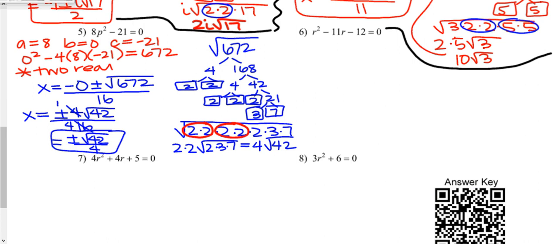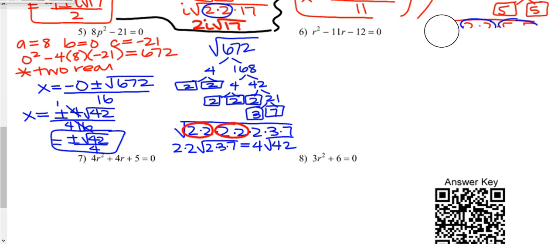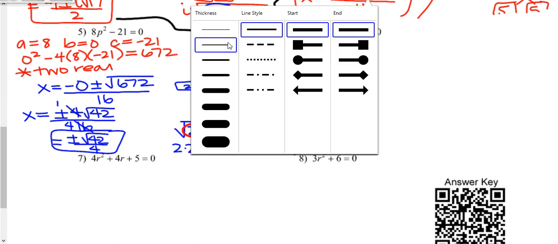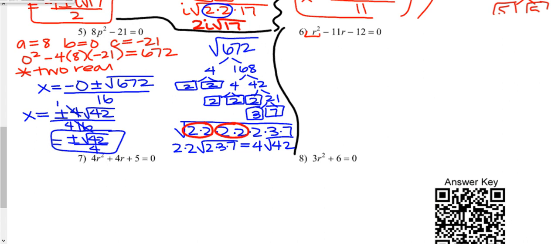Alright, now I don't have a lot of room for number 6. So what I'm going to do is actually erase some of this up here. Alright, start by finding the discriminant of number 6. My A value is 1, my B value is negative 11, and my C value is negative 12.